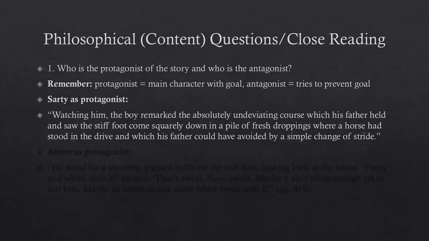Stiff, which is repeated a lot throughout the story, and also the idea that his father is absolutely undeviating here, and especially that the manure he could have avoided with a simple change of stride. That contrast between absolutely undeviating and stiff, and simple here shows that it's so intentional.